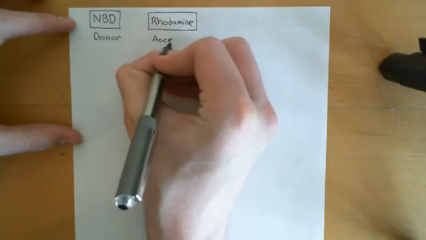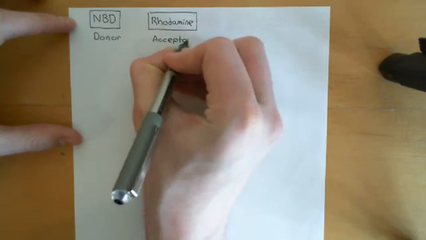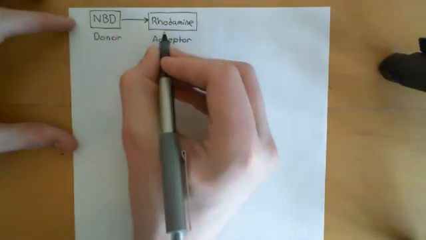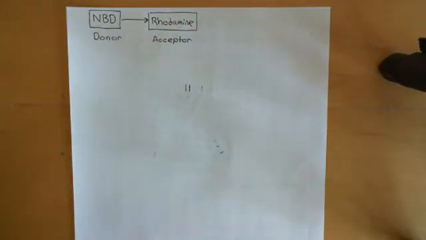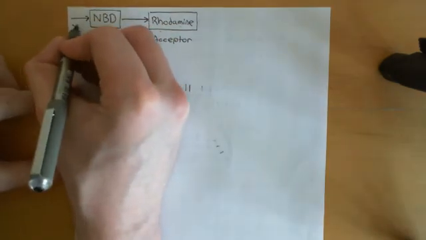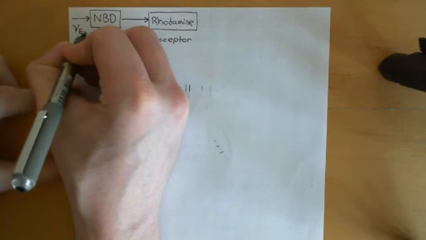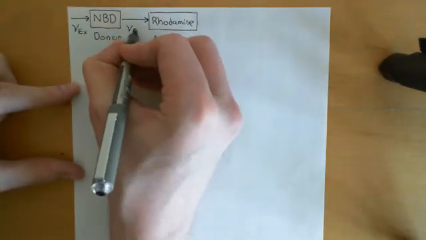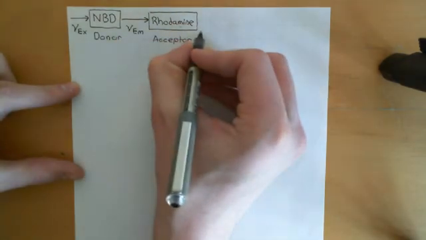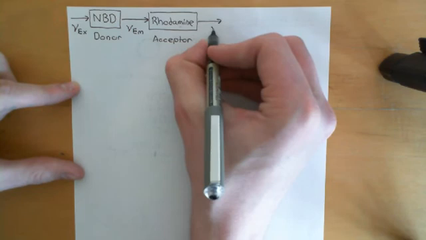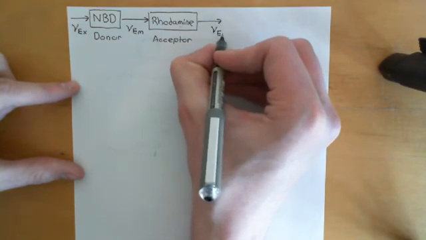Basically, the emission frequency of NBD corresponds to the excitation frequency of rhodamine. So if we excite NBD with its excitation frequency here, it will release radiation of its emission frequency, which can then be absorbed by rhodamine, and rhodamine will then emit radiation of an even lower emission frequency down here.